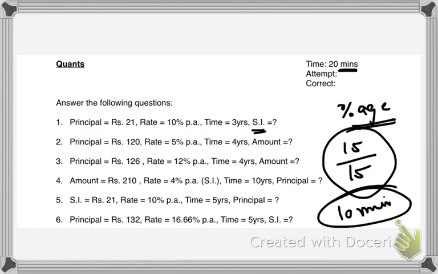So the quant section could have been completed easily in 10 minutes with all questions correct. So just make a note of your time and your attempt, and see where you were left behind, what's your weakness. Otherwise, simple interest and compound interest is completely calculation based.